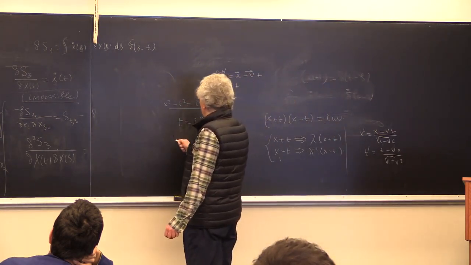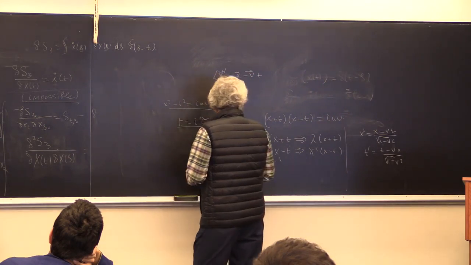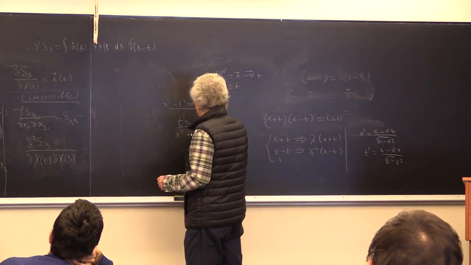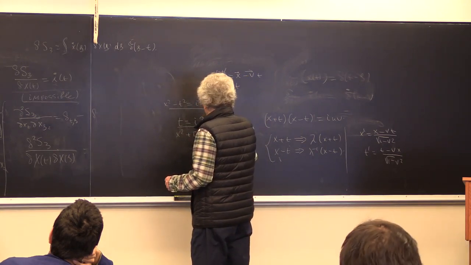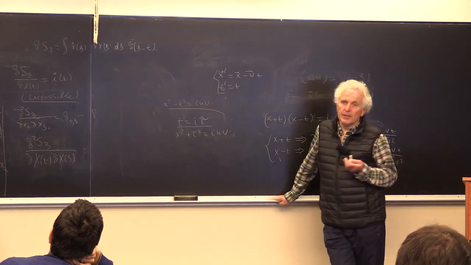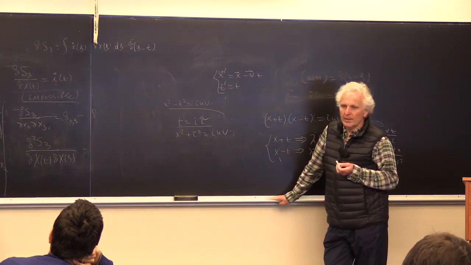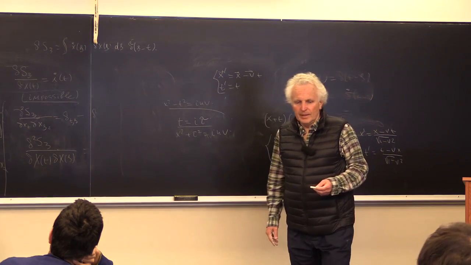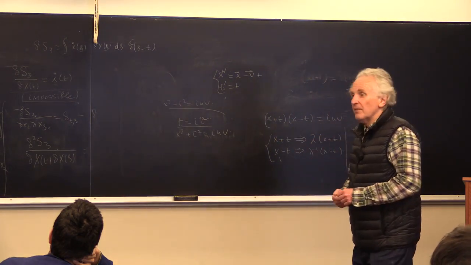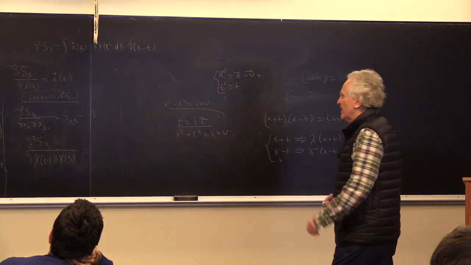Then what kind of symmetry do we need? A symmetry which leaves this invariant. What is the geometrical meaning of this symmetry? It's a very simple question, actually.